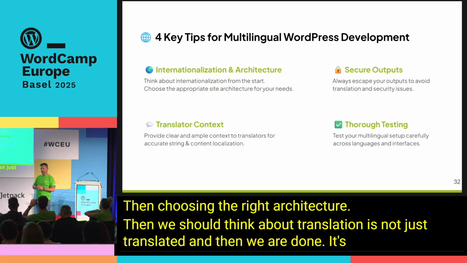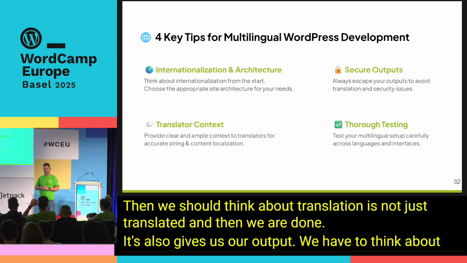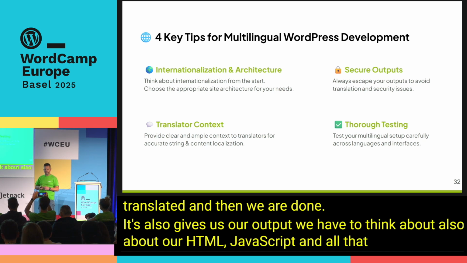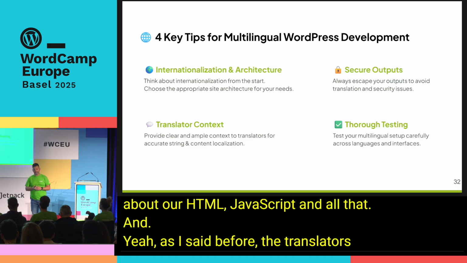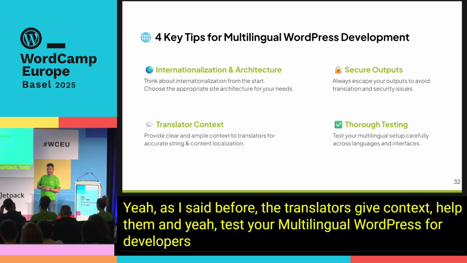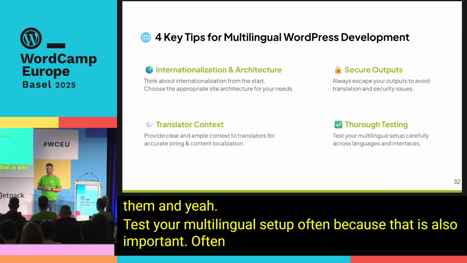We also have to escape our output. We have to think about our HTML, JavaScript, and all that. And as I said before, give the translators context, help them, and test your multilingual setup often, because that is important. It's often underestimated, but it's really important, as you know.